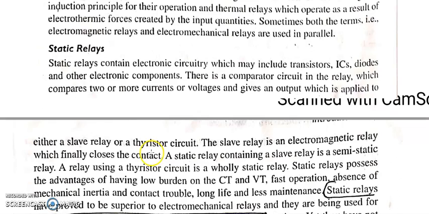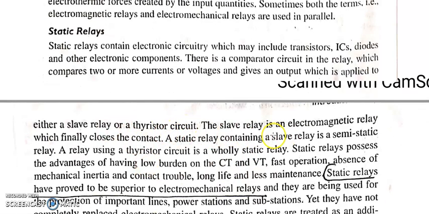There is a comparator circuit in the static relay, which compares two or more currents or voltages and gives an output which is applied to a hysteresis circuit or electromagnetic relay. After giving the signal to the electromagnetic relay, it finally closes the contact, and depending upon the nature of the relay, the circuit is tripped.